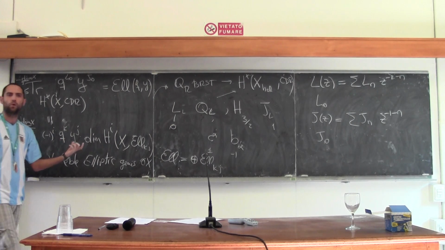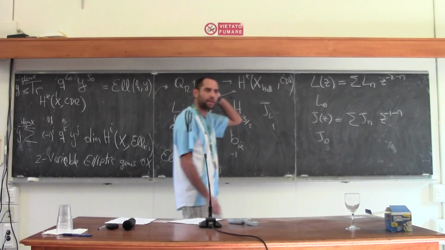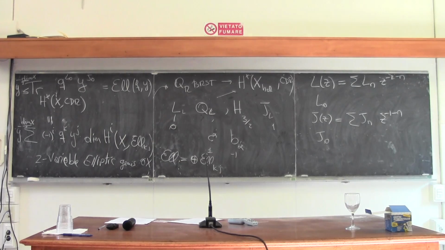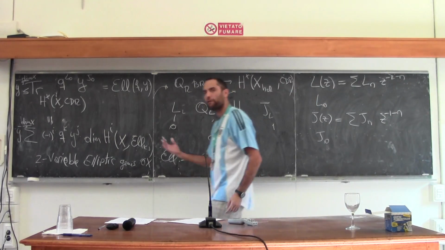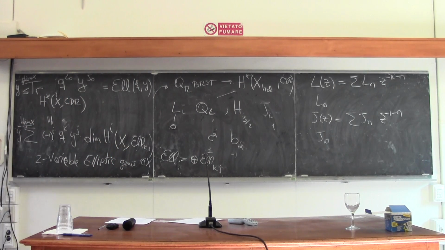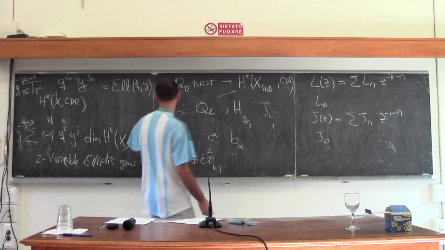If you write this q as e^(2πiτ) and y as e^(2πiz), this converges in the upper half plane for τ and the plane for z. And it's modular invariant in a sense, a weak Jacobi form of weight 0 and index the dimension of X over 2. I don't want to get there.